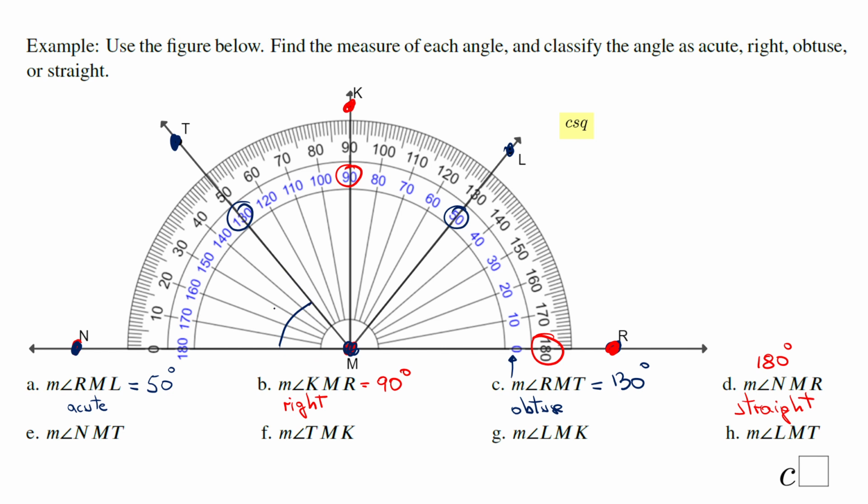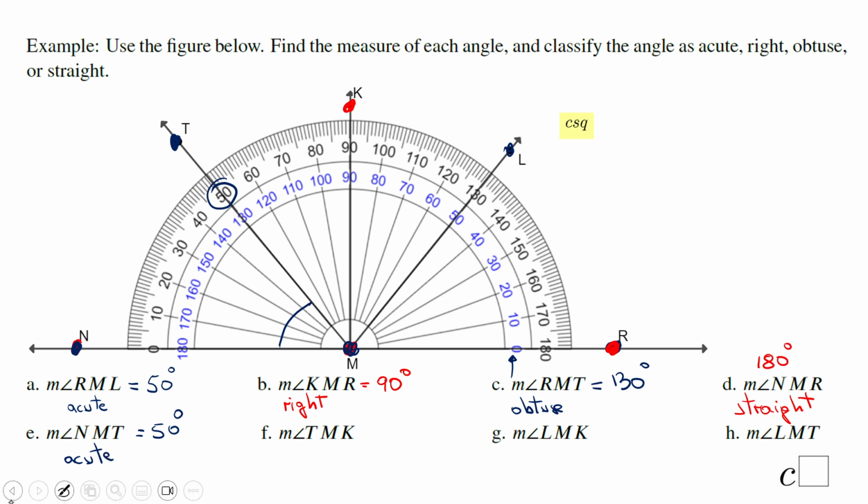And what scale do you think I'm going to use now? I'm going to use the black one, and I will take a look, and that is 50. Let me erase the other to be sure we are not confused. Okay, so that angle is 50 degrees and is like RML. We call them congruent angles, by the way, because they have the same measure. You will hear me saying that a little bit later.